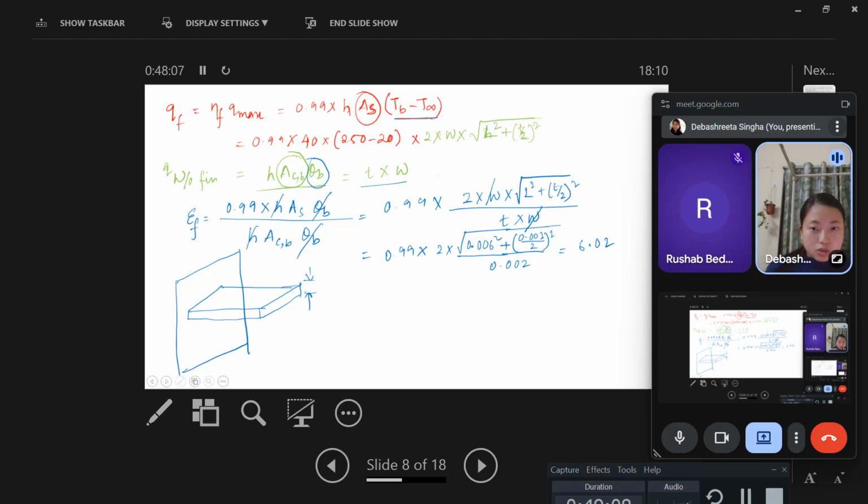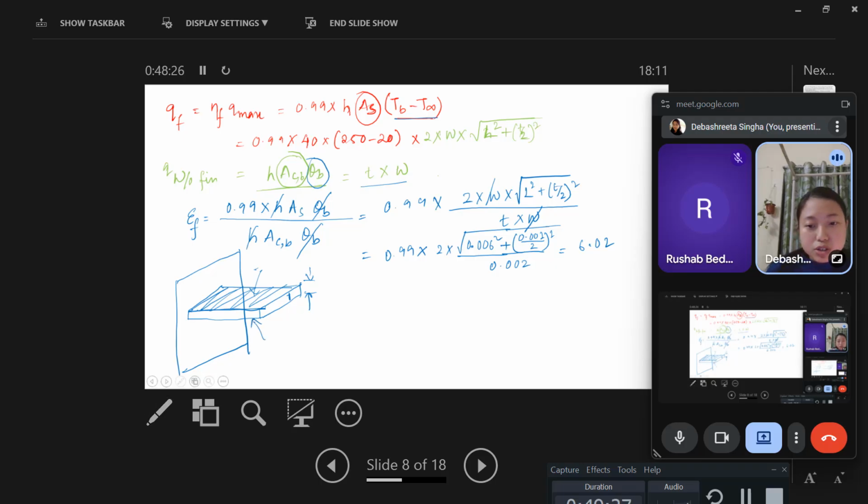So if it is given, then you can consider the width also, but if it is not given, you can simply neglect it, because this dimension is very small compared to this dimension. But in our case, you have to consider this surface area, this and also below.